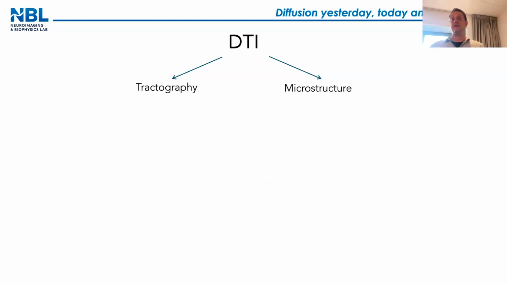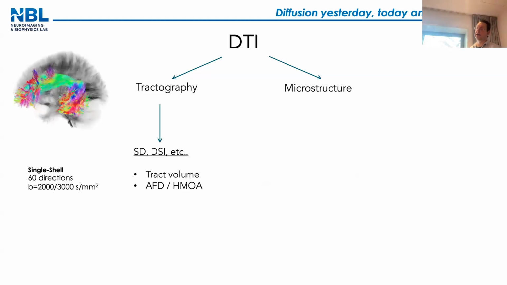Now, what happened after? How can we go beyond DTI? For many years we were using DTI for both tractography and microstructure, and people tried to push it to get the maximum out of it. I was working mostly on tractography, so I wanted the best possible tractography and to resolve crossing fibers.